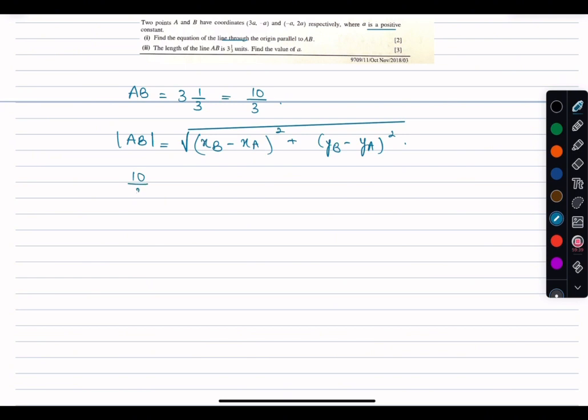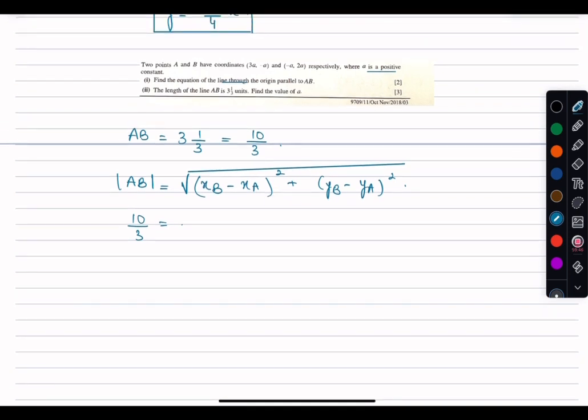Now what were the coordinates? A was given as (3a, negative a), and B was given as (negative a, 2a). So I will be substituting these coordinates here: xB minus xA is negative a minus 3a, the whole squared, plus yB minus yA, which is 2a minus (negative a), the whole squared.